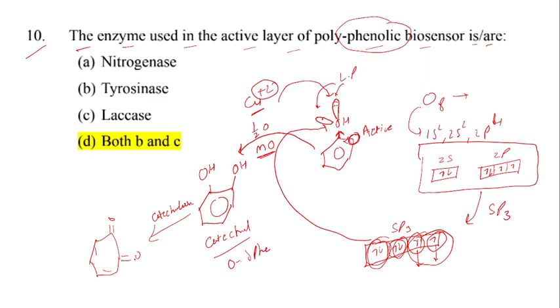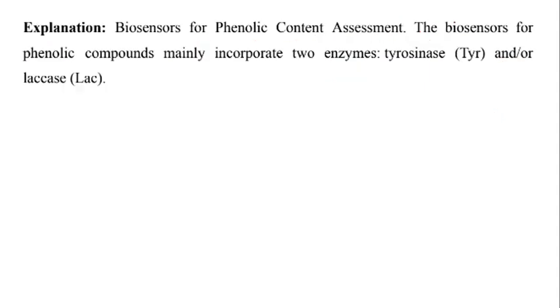So the enzyme used in the active layer of polyphenolic biosensor is R. Both B and C, nitrogenase, we have already discussed. And laccase is also used for this type of enzymes. Tyrosinase is only one type of example, but if you read further, different types of enzymes are used. So this is the answer or explanation of this question.